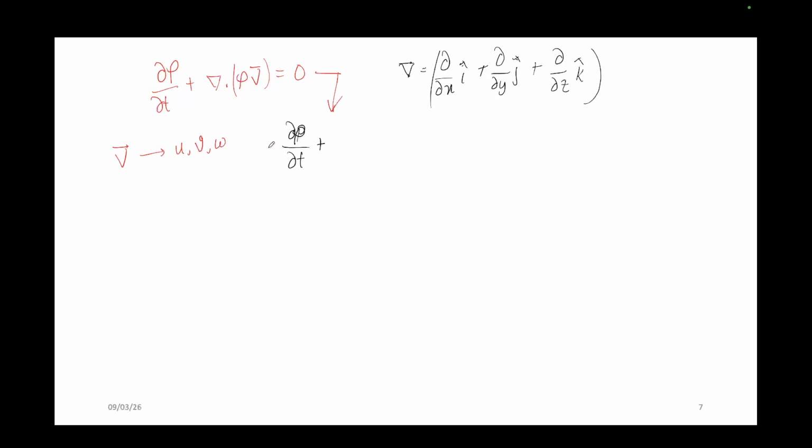And I can write v as u i cap plus v j cap plus w k cap.